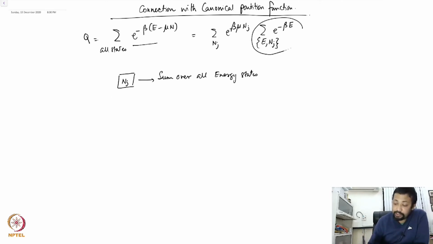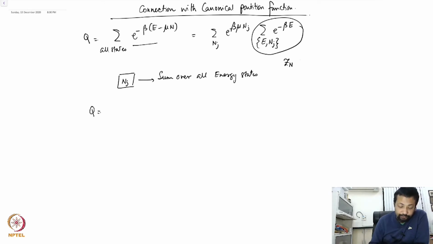But this quantity is very familiar to us, and this quantity is nothing but the canonical partition function. We will say Z of V comma n. So we'll simply denote this by Zn.